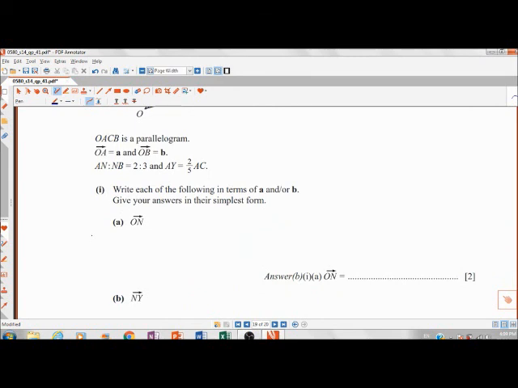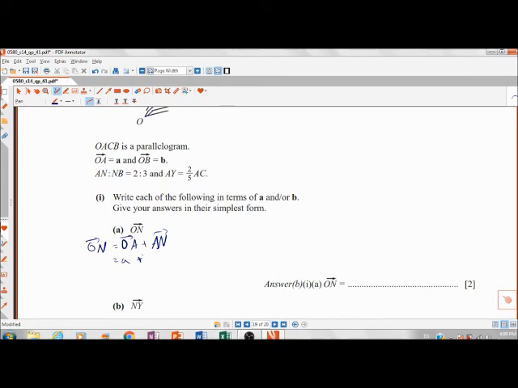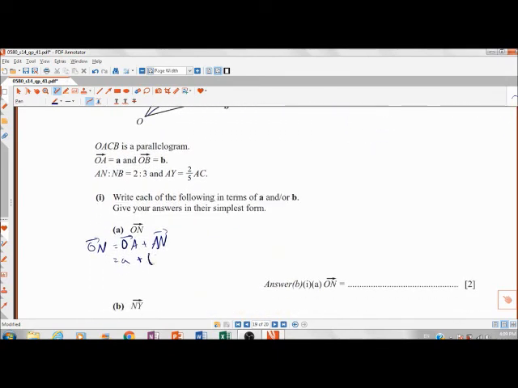That's the easiest way. So OA, we know it's a, plus AN. AN is 2 over 5 of AB. We still haven't found the AB yet, but so 2 over 5.